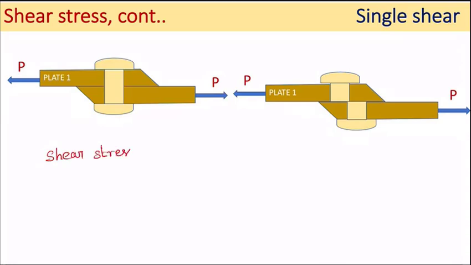Shear stress equals shear force divided by area. Here shear force is P, divided by the area of the circular rivet, pi by 4 into d square. Here single shear is happening, so the area formula is that for a circular cross section.